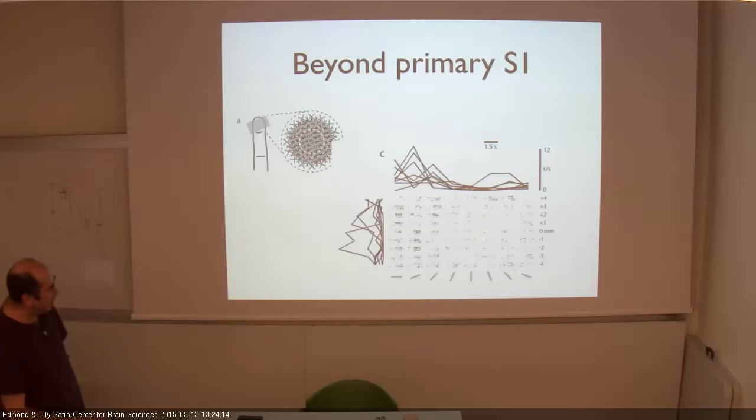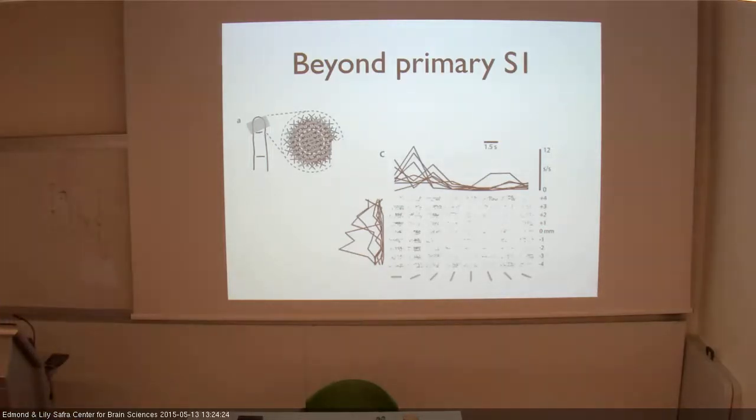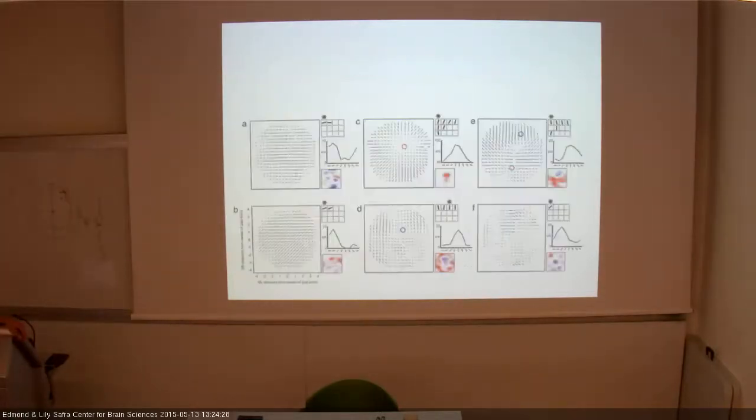So if you place this vertical orientation along the middle, it tends to be inhibited. So when you go higher in the hierarchy, obviously, the receptive fields become more and more complicated.